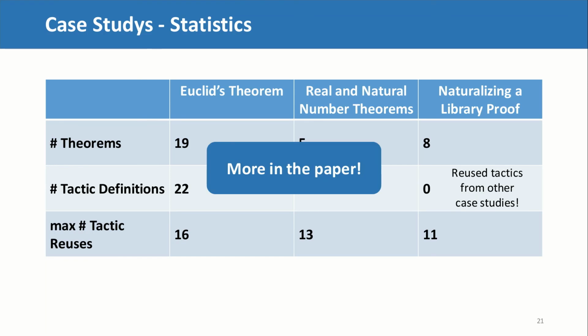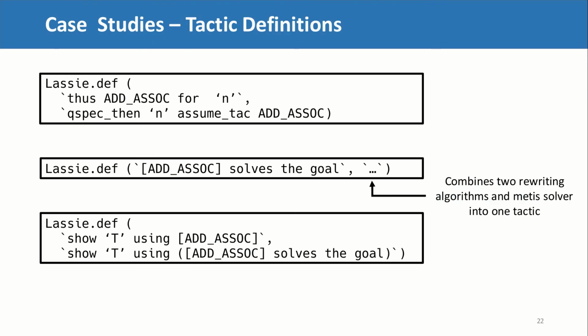More details about these case studies can be found in the paper, where we also give some code excerpts. But in the interest of time, I want to quickly highlight some of the definitions and show how they work. Here, I'm giving you 3 example definitions from the case studies.